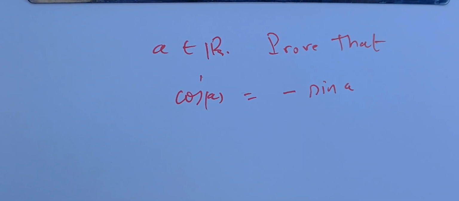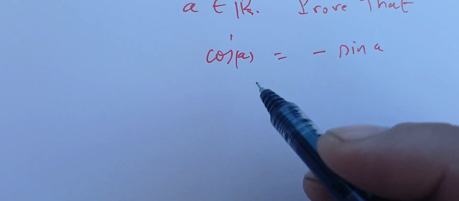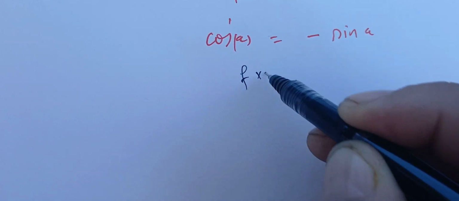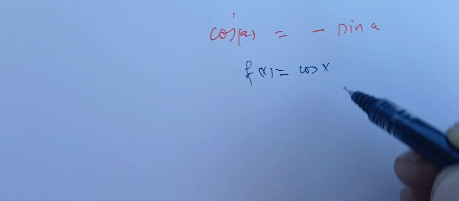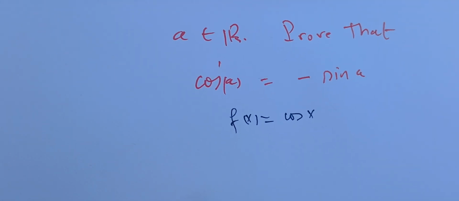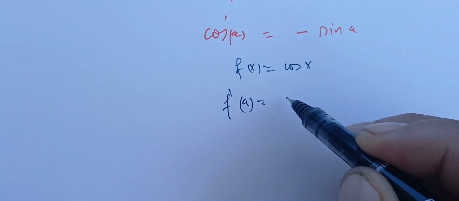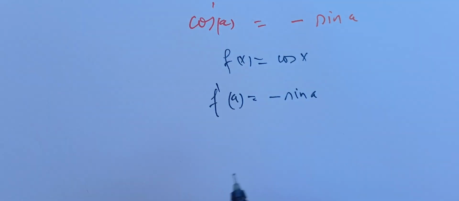If we let f of x be the cosine, because that's the function that we want to differentiate, we want to prove that f prime at a is minus sine a.